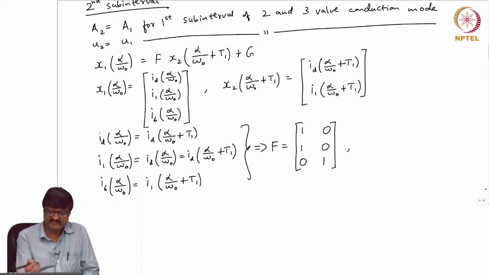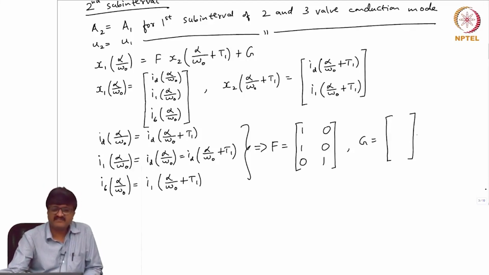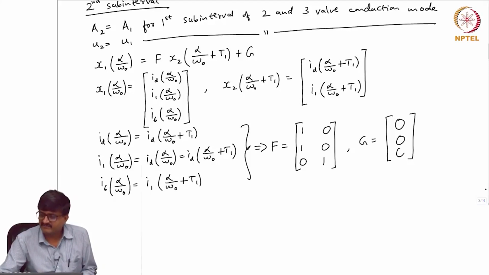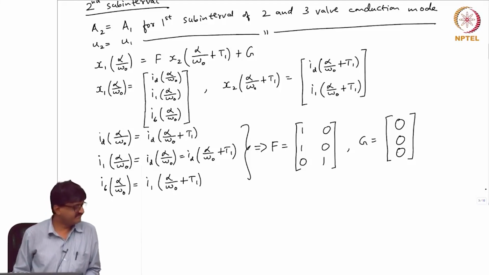So, we get everything in the first term itself. So, again when you look at G, what is the size of G? 3 cross 1. Size of G is same as x1, and all elements are 0.